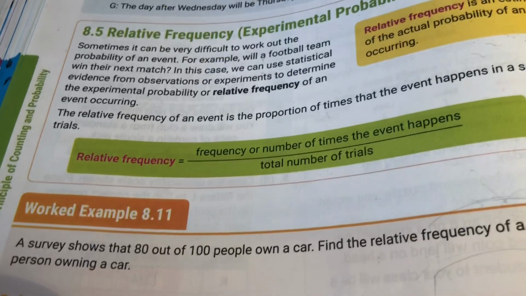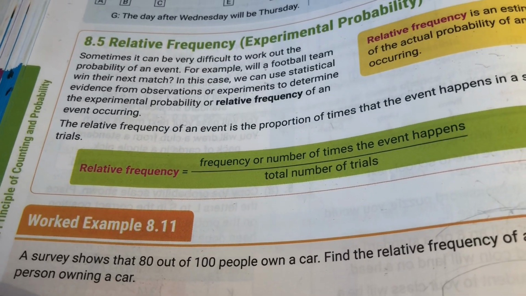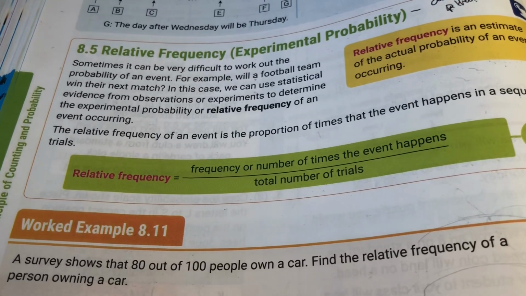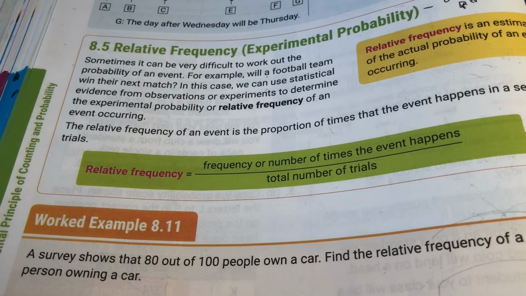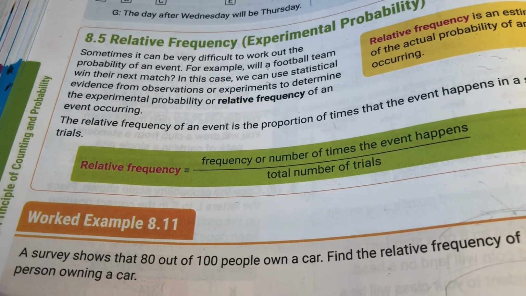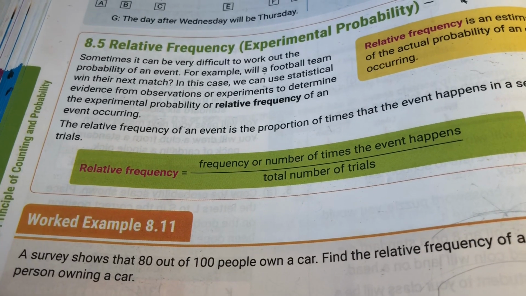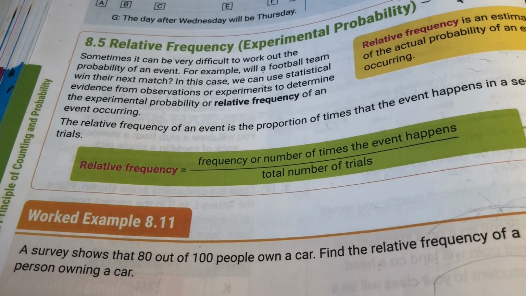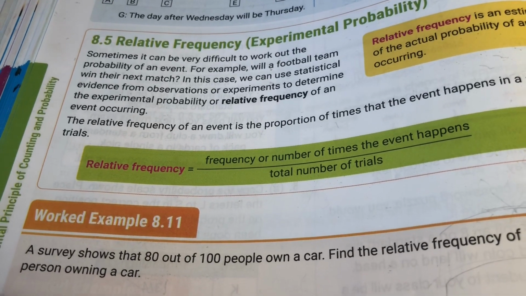Okay, now let's have a look. What we mean is there are 100 trials, and each trial was asking the question to a person, do they own a car or not? And 80 of them said yes.